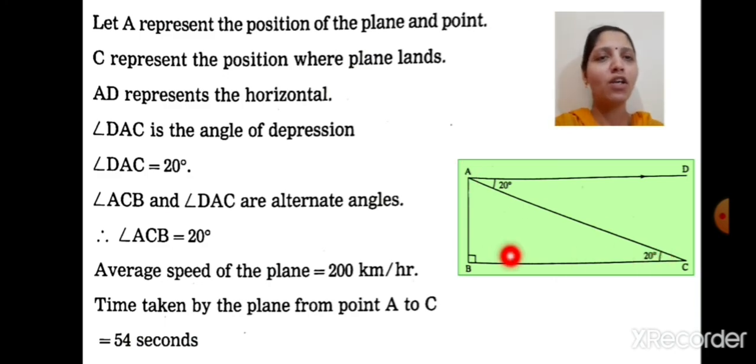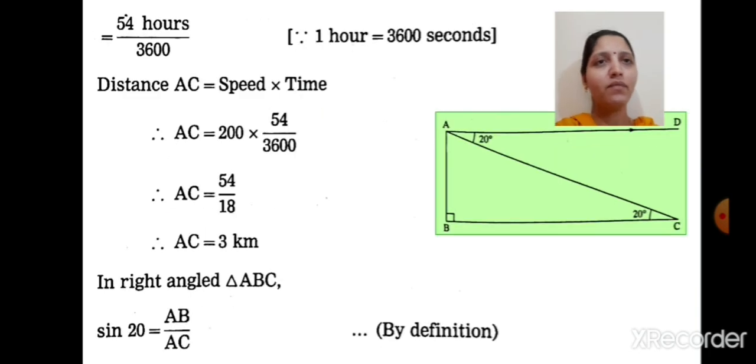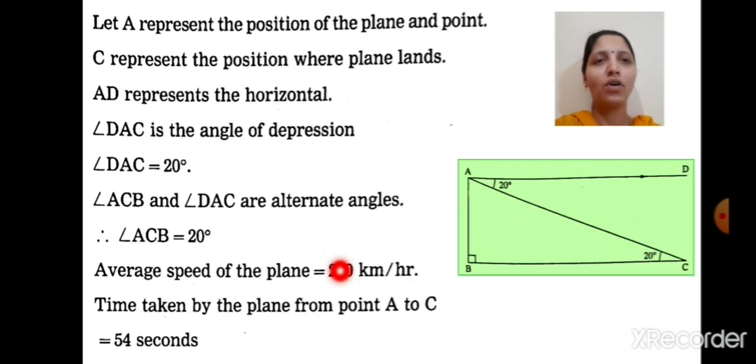Now the average speed of the plane is given as 200 kilometers per hour, and the time taken by the plane from point A to C, that is the time taken for landing, is 54 seconds. Okay. Now if you observe this, speed is given in kilometers per hour and time is given in seconds.